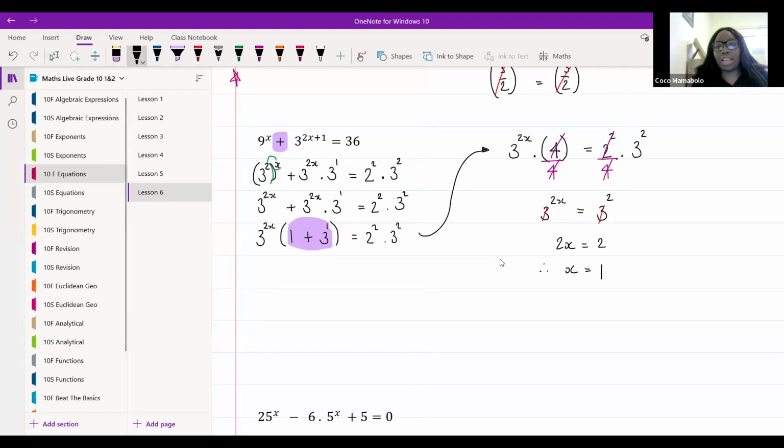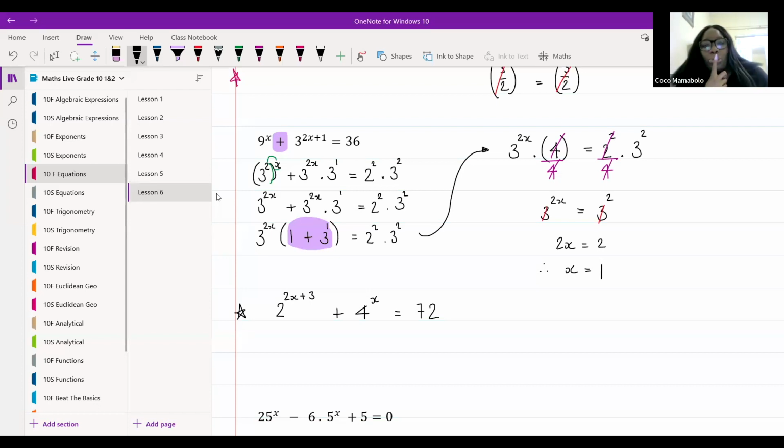Okay. I want to give you guys another one to try. Here's another one. 2 to the power of 2x plus 3, plus 4 to the power of x is equal to 72. I just need to make sure my maths is going to check out here.